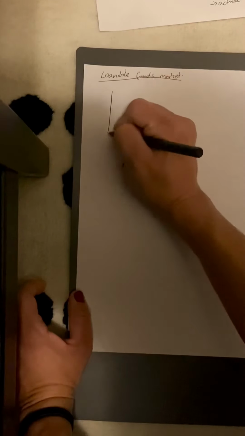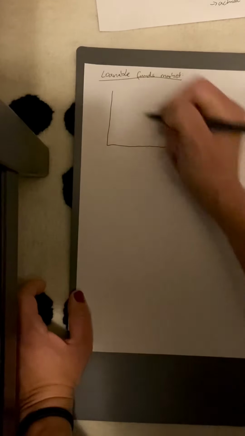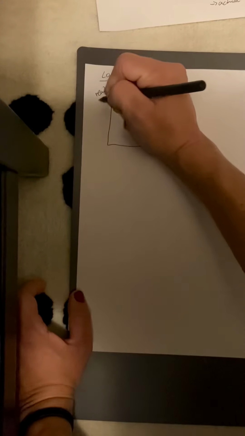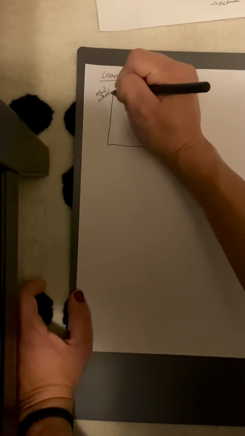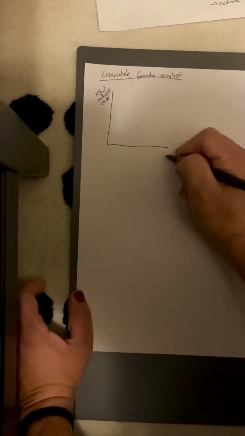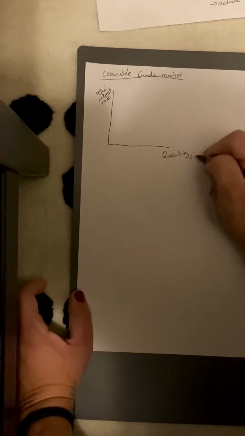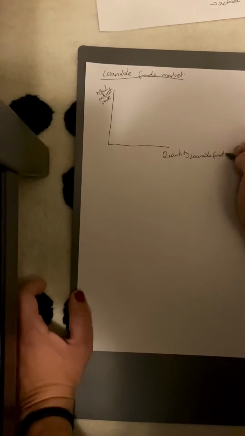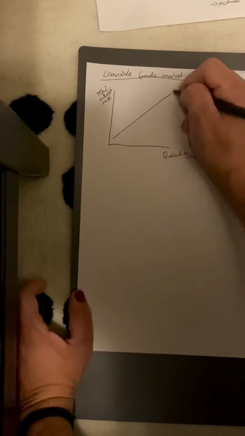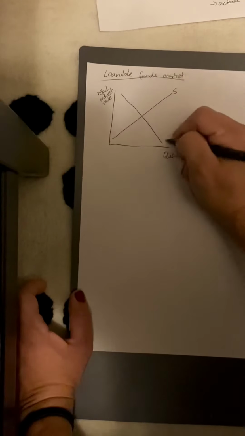So here, we're going to look at the real interest rate because we are interested in how much we're actually going to pay. Real interest rate, quantity of loanable funds, and then it works just like any other supply and demand graph.